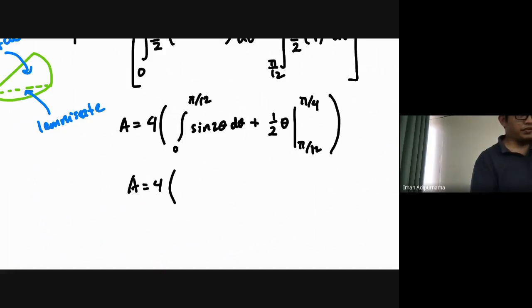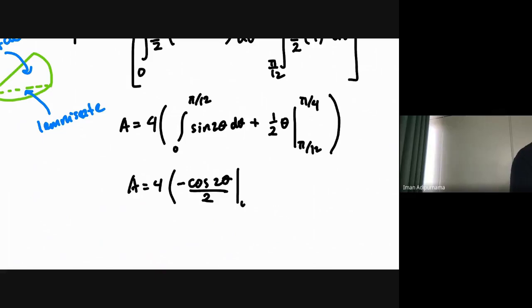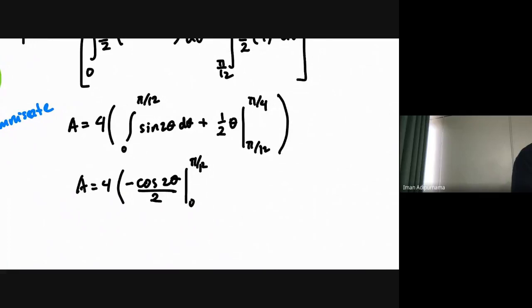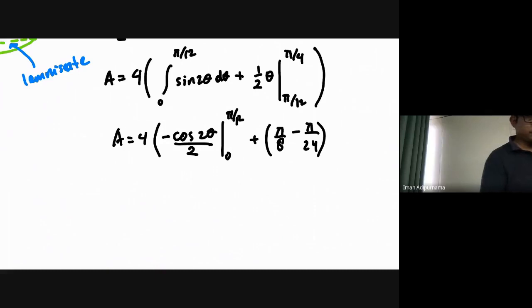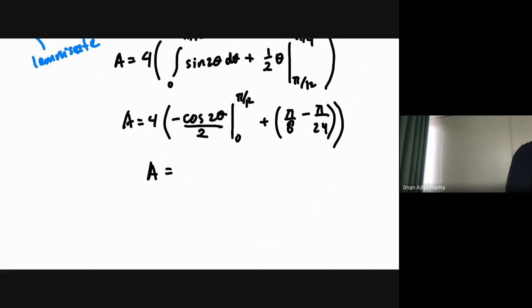Sine 2 theta becomes negative cos 2 theta divided by 2, from 0 to 5/12, plus... 5/12, 5/6, what is cos 30?